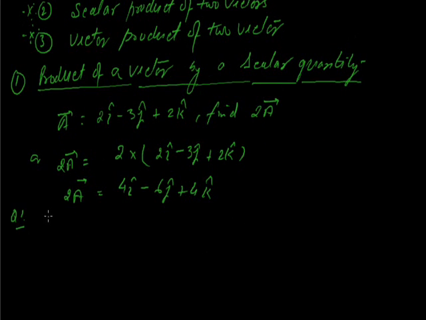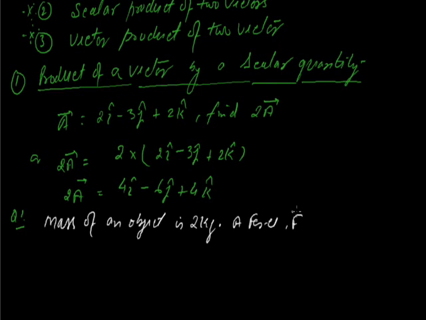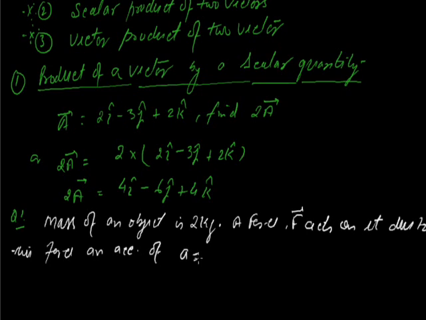Now one example. The mass of an object is 2 kilograms. Due to a force F, an acceleration of a equals 2i plus 3j plus k meter per second square is produced in it.